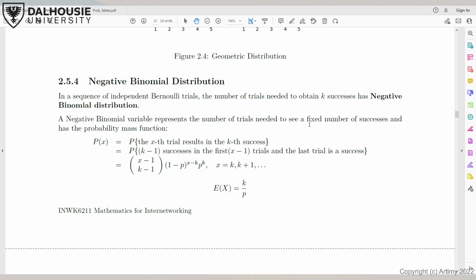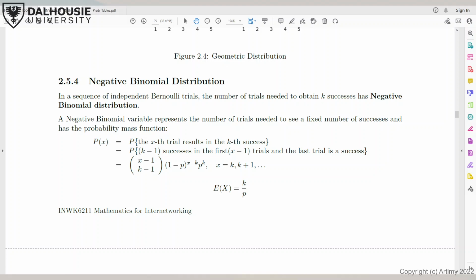This one is looking at the problem from a different perspective. I'm looking for the number of trials to get a fixed number of successes. So the X here is the unknown, which is the number of trials.